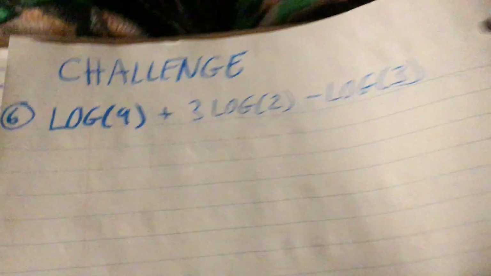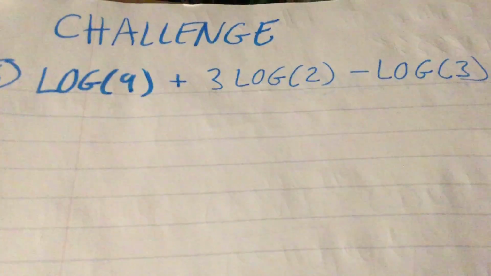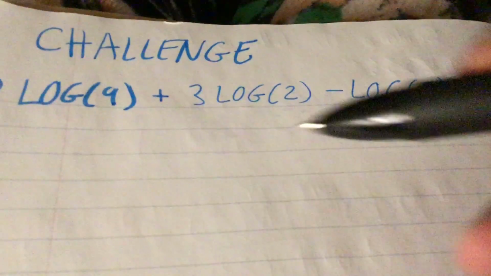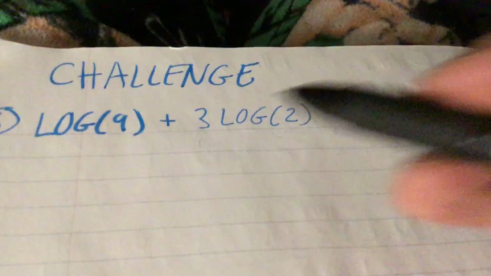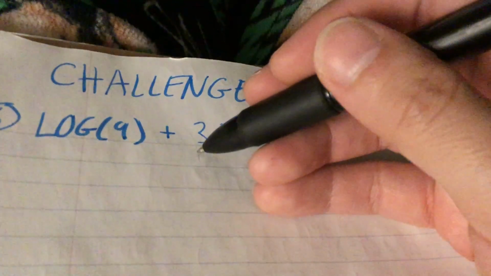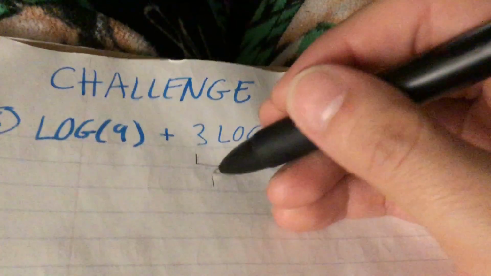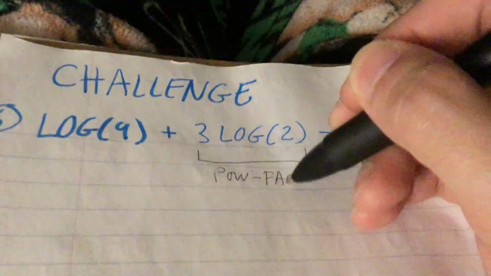Okay. Well, usually the power factor rule is the last rule when we expand. This time, I want to clean this part up. So I've got log of 9 plus 3 log of 2 minus log of 3. My philosophy with this is, I'm going to clean this part up. That is screaming to me the power factor rule.